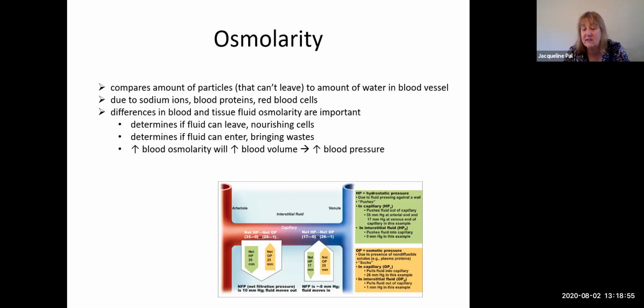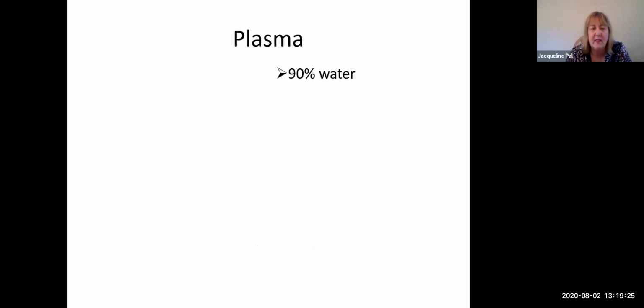So all these things are going to be related later on when you learn about the physiology of the cardiovascular system in much more detail. So take a moment and pause this and understand what's going on here as far as osmolarity, where and when, and I'll cover it again later so that you can look at these issues in more detail.